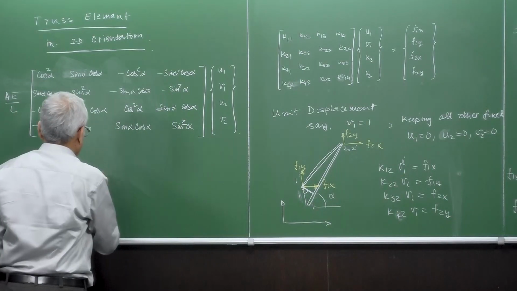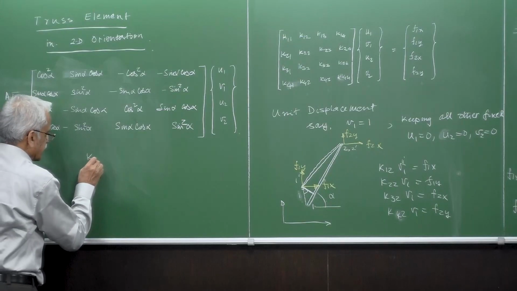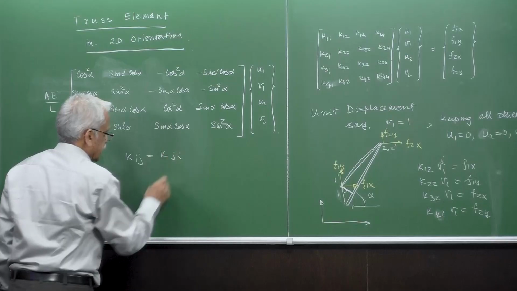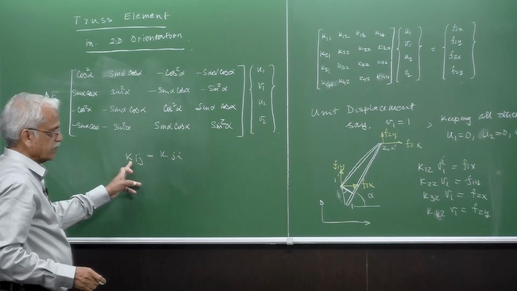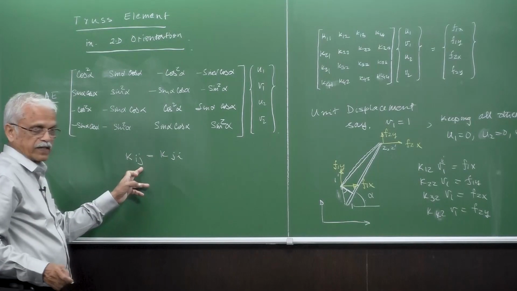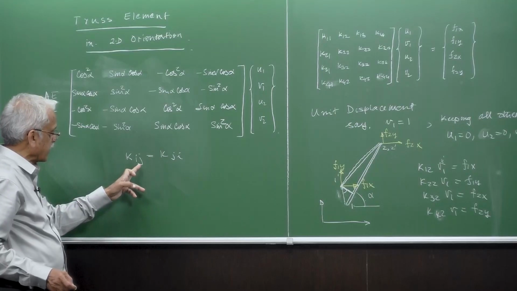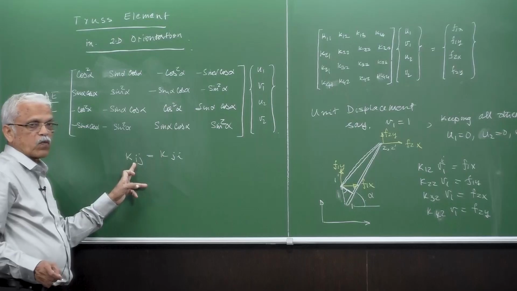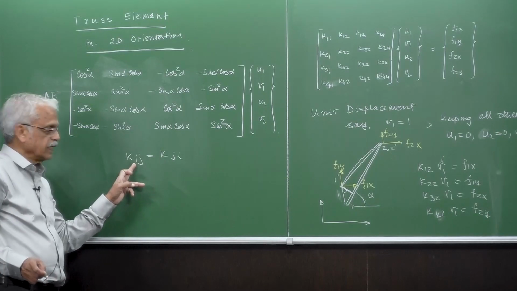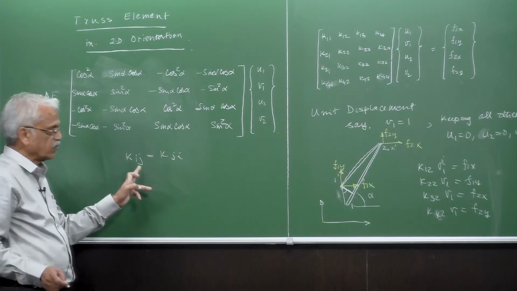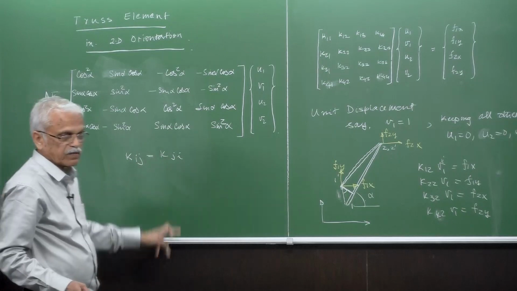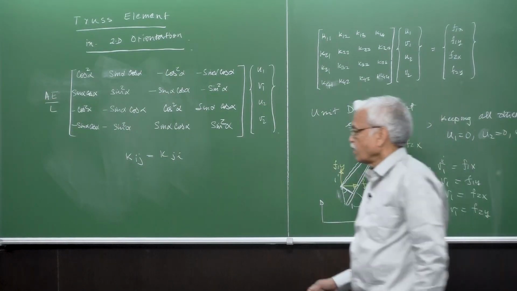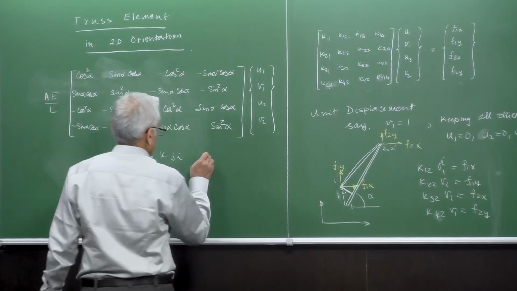So Kij equals Kji. What is Kij? Kij is nothing but applying a unit displacement at j and finding the force at i, keeping all other displacements 0. That should be the same as Kji. This is because of Maxwell's reciprocal principle.